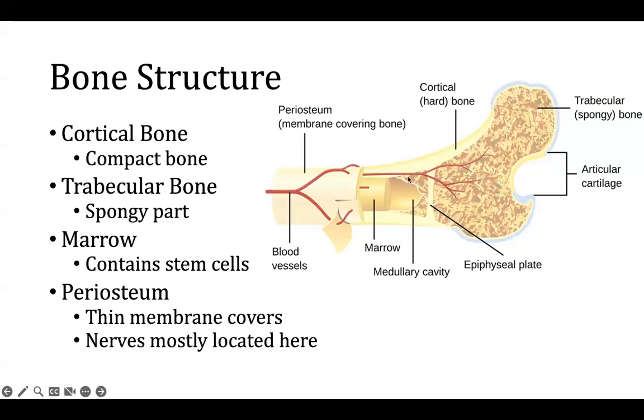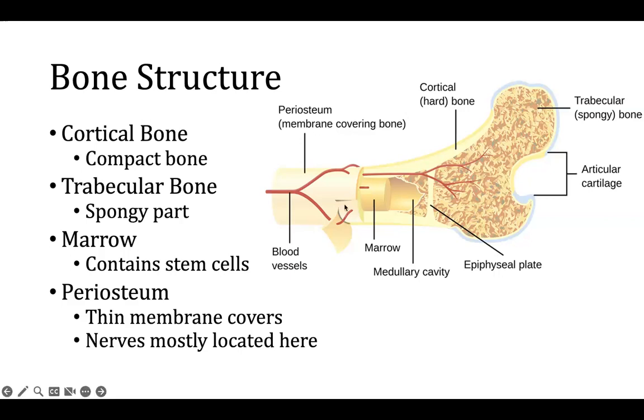On the outside, we need that hard bone to protect from any potential damage, but within that, we have this trabecular bone that is porous and able to protect from any kind of damage or gravity's influence on our bodies, like when we're running, so that it won't break that bone.